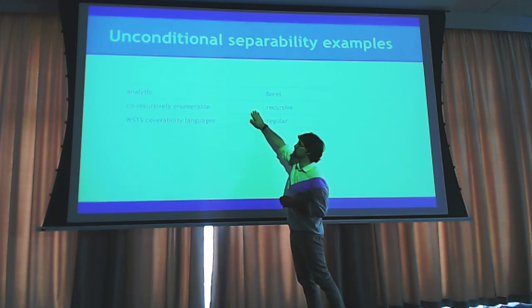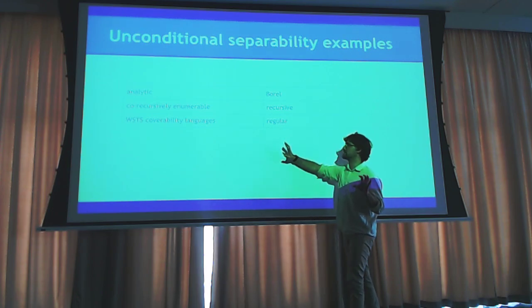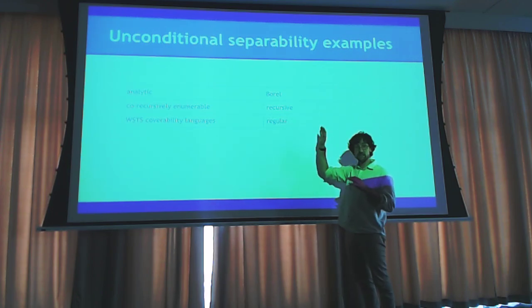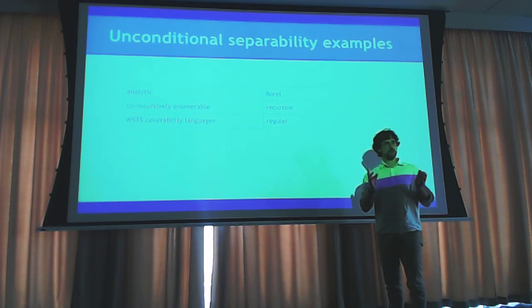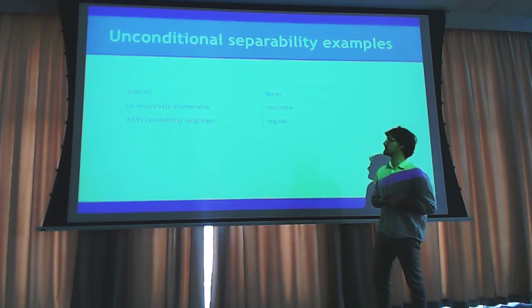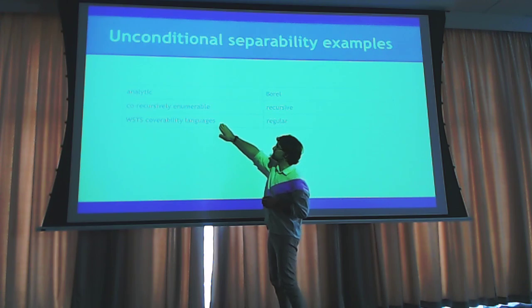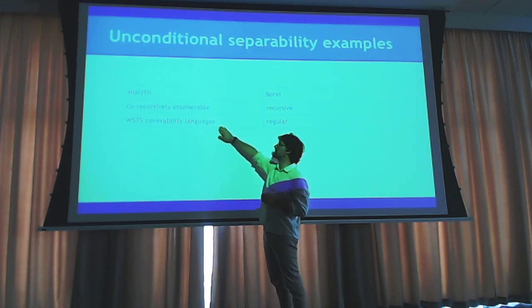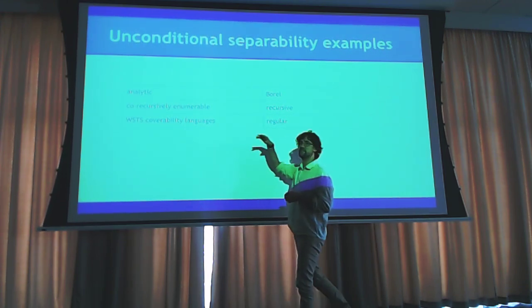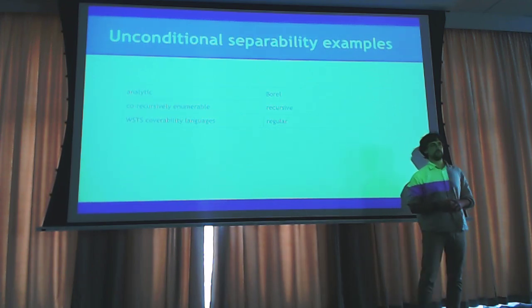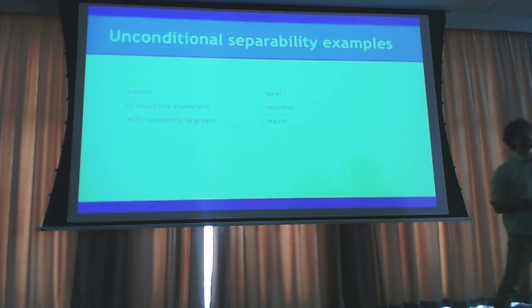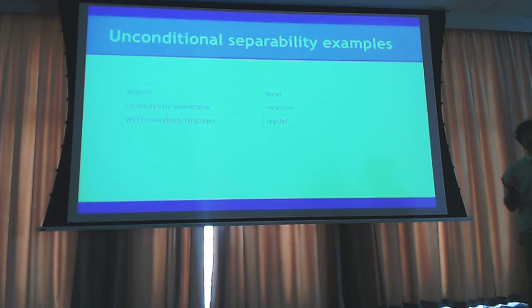From computability, if you have two co-recursively enumerable sets which are disjoint, they're always recursively separable. And a more recent example, where many of the authors are here in the audience: if you have disjoint WSTS coverability languages, they're always regular separable. So this is not a random kind of question. It's part of a pattern that appears in different areas of computer science and mathematics.